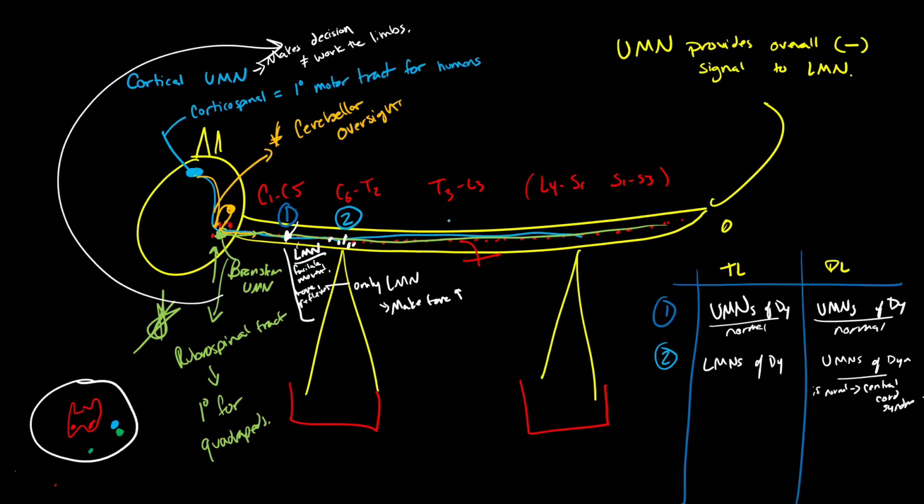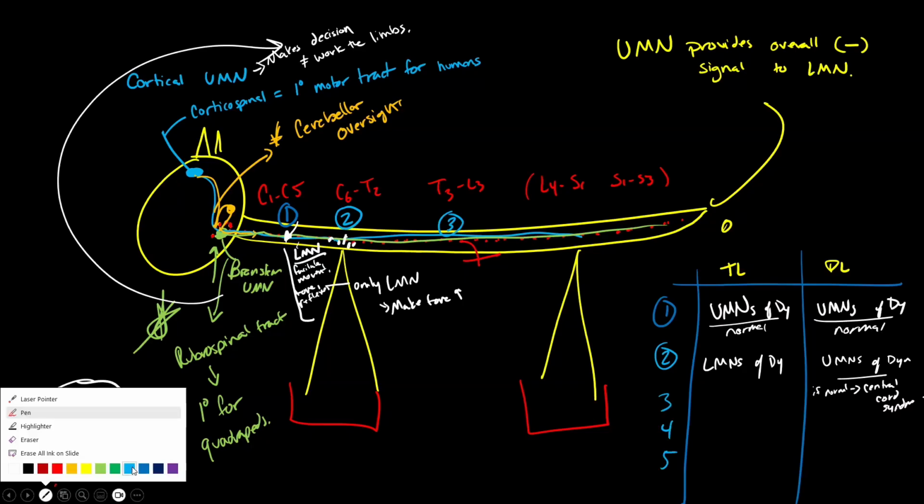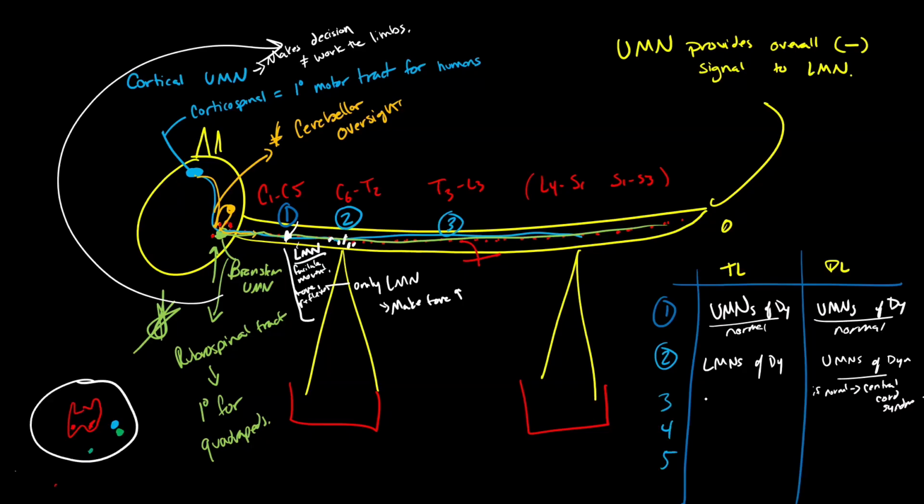We have our classic T3-L3 lesion. When we have that T3-L3 lesion, no surprise, we're going to have usually normal thoracic limbs. I'm going to put a big asterisk because we're going to have Schiff-Sherrington, which can come in.